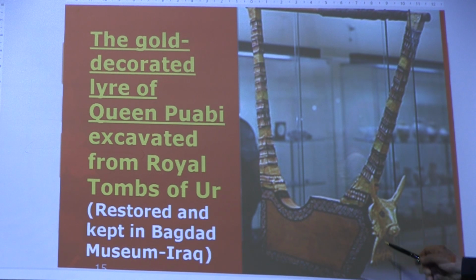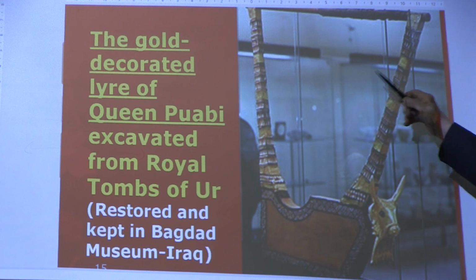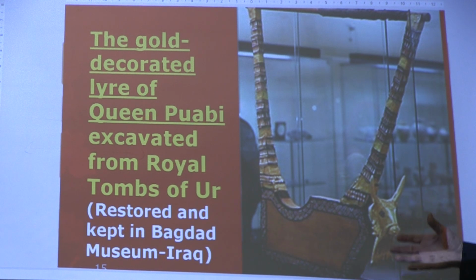This is a golden bull, and various places. Of course, this is restored in the tomb or in the grave. Most of the wood was disintegrated, but gold pieces were there. So they restored it. It's in a museum now. It's in Baghdad. They found several lyres, but the best one is in Iraq. They have several ones in the British Museum in England.